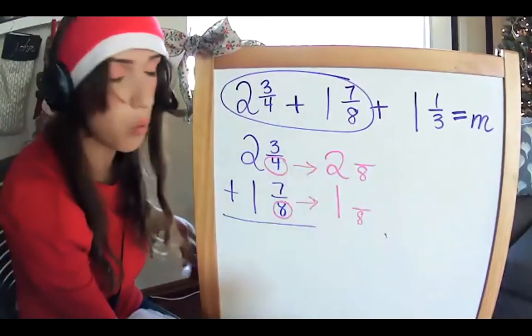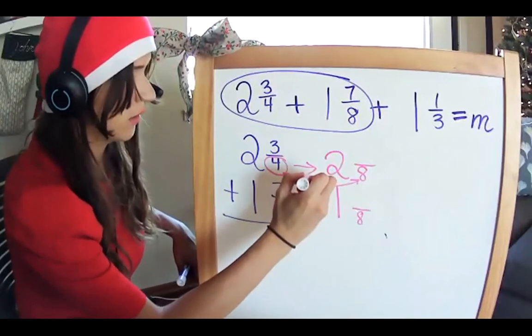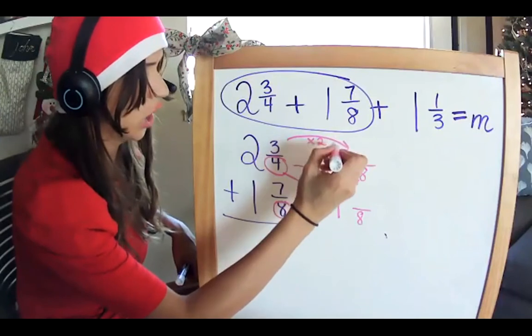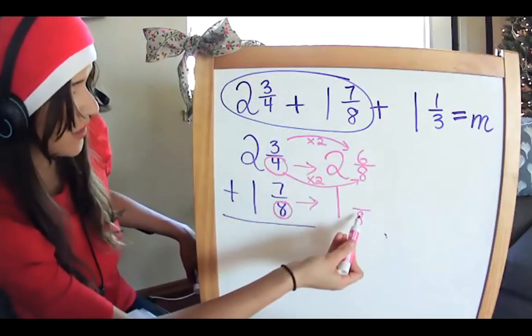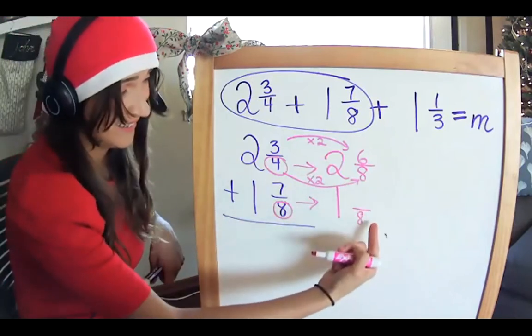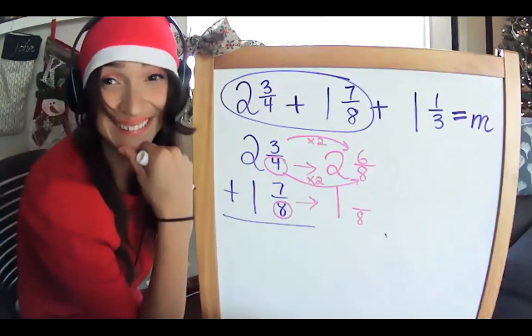We're experts at this point. How do I get from 4 to 8? Times 2. Whatever I do to my denominator, I do to my numerator. 3 times 2 is 6.